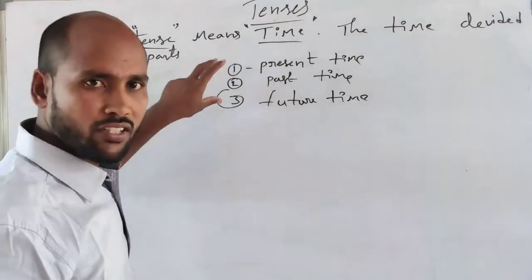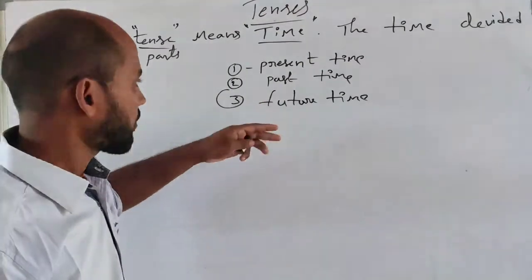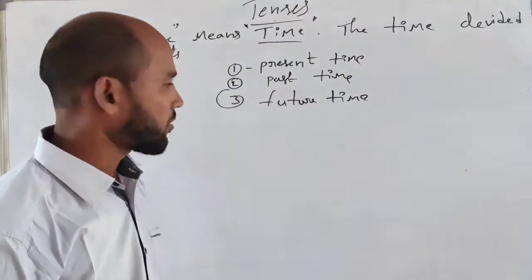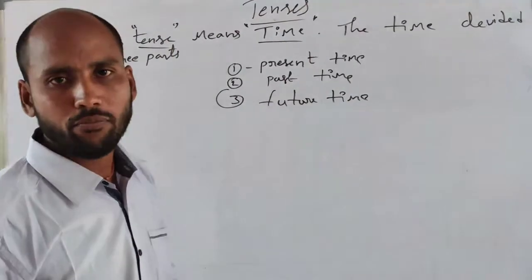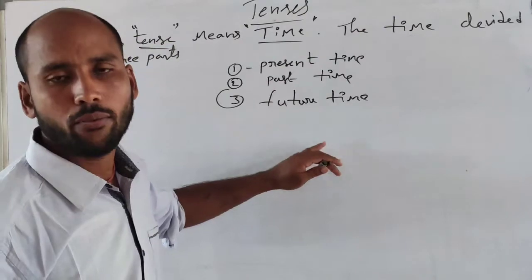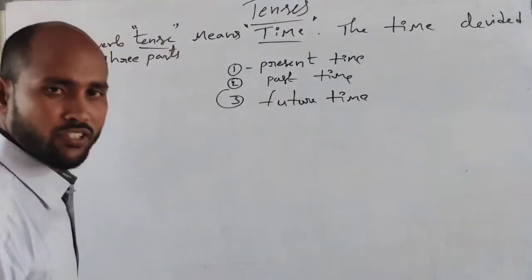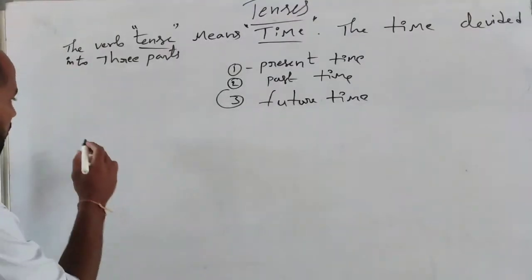Each time consists of 4 groups. Then after, I will describe the 4 groups. First, routinely I write on the board. After that, I describe each part's structures and formation. Present, first I would like to teach you the first part, present time.